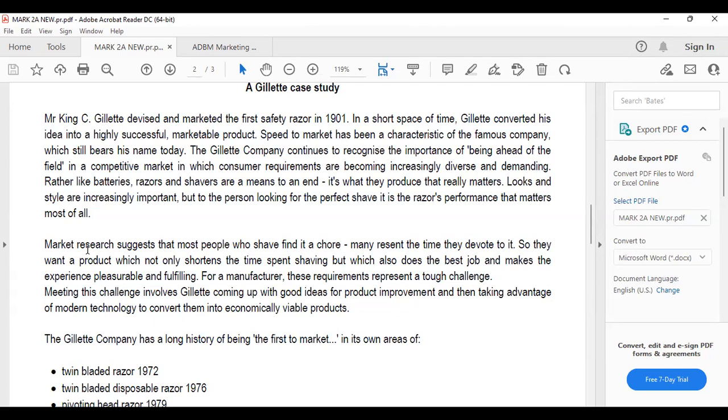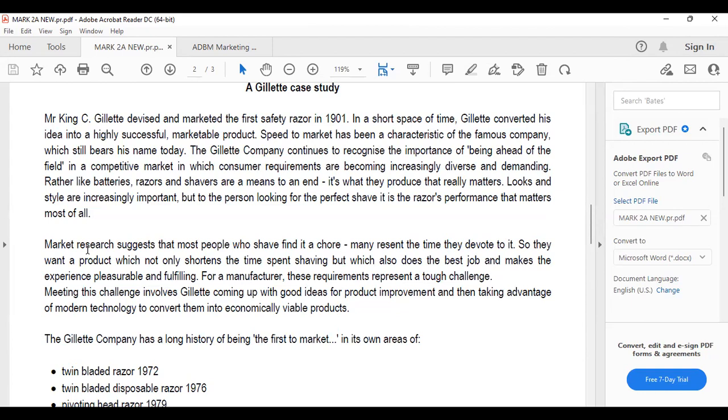When competitors are attracted, the market at that stage becomes very fierce, with intense competition, which is one characteristic of the maturity stage.